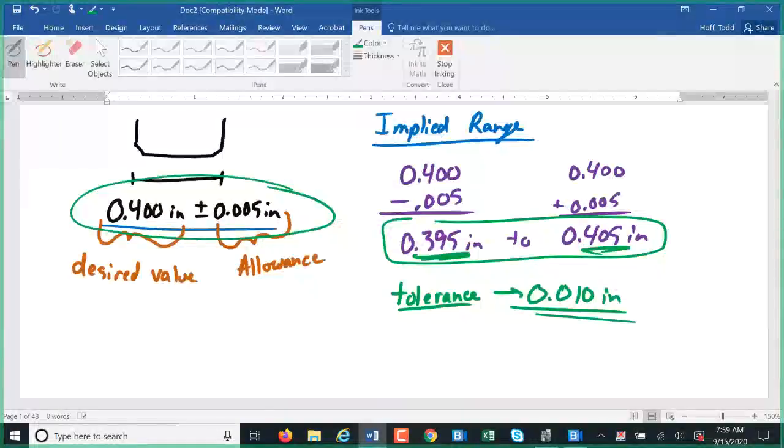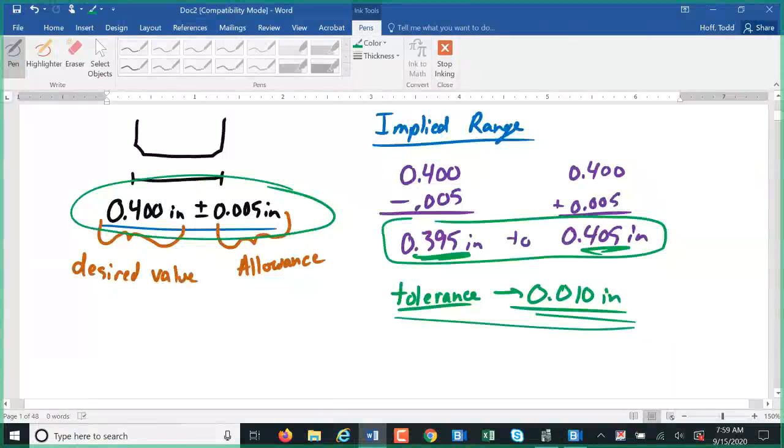Most people understand what you're saying when you say that, but be aware that when you hear it has 10 thousandths of an inch of tolerance, if they're using the term properly, they're talking about the range between the minimum and the maximum allowable sizes for that part.